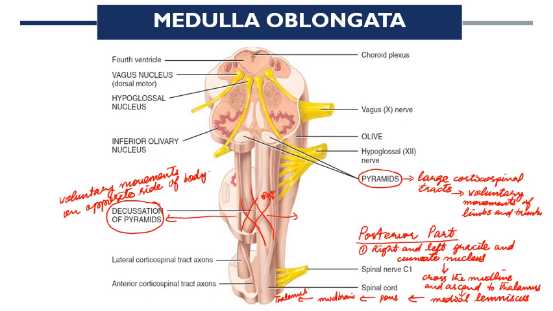In addition to these features, the inferior olivary nucleus is located just lateral to each pyramid in a swelling called the olive.